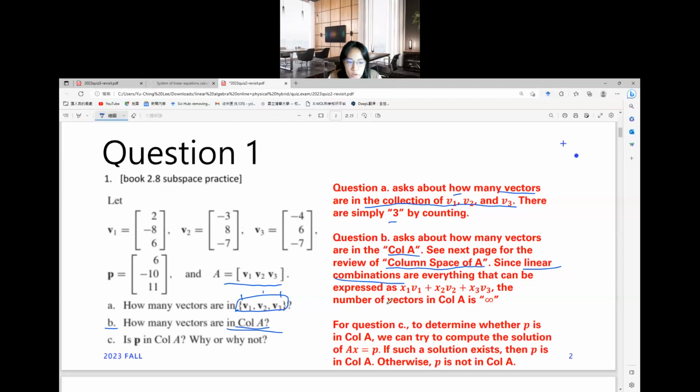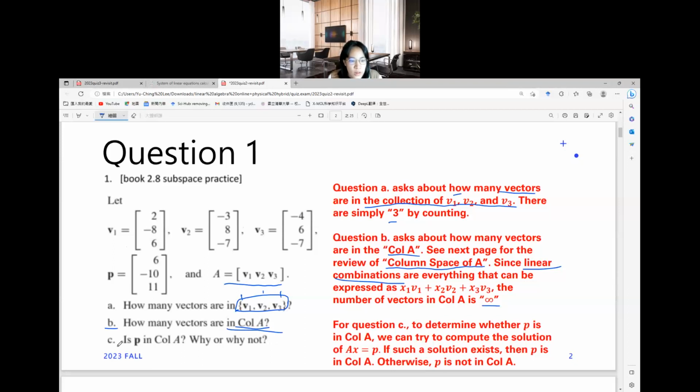To answer how many vectors, we should put infinity, which means that there are infinitely many vectors in the column space of A.